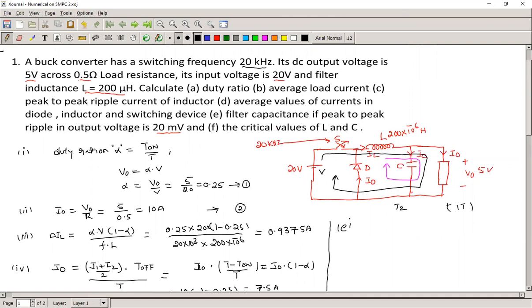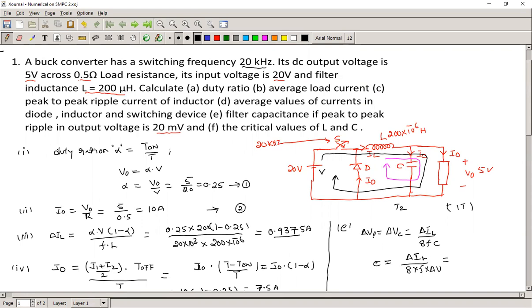In case of the buck converter, we know the expression for delta V0 equal to delta Vc, which is equal to delta I by 8 F C. Now you find the value of C. C equals delta I by 8 into F into delta V. The ripple in the current, delta I, is already calculated. Delta I is nothing but delta IL. Both are the same.